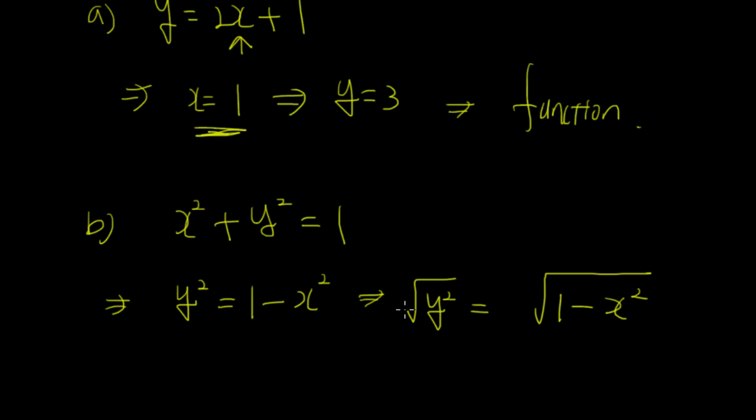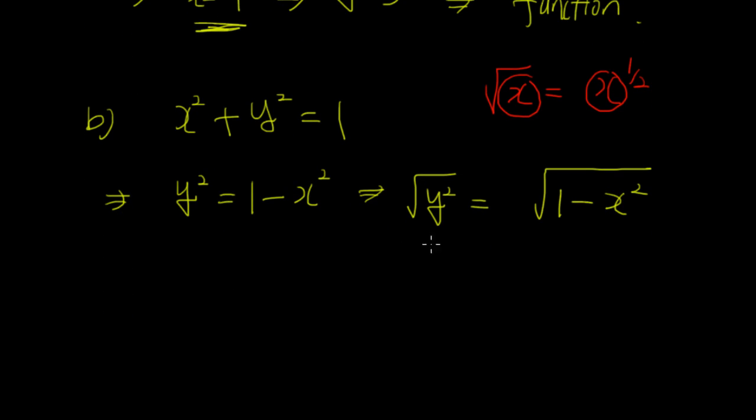Now, what happens to the square root and square? If you remember what this square root means: let's say you have x there, x to the what power? Half power. So whatever you have inside, square root means to the half power. So let's look at here.